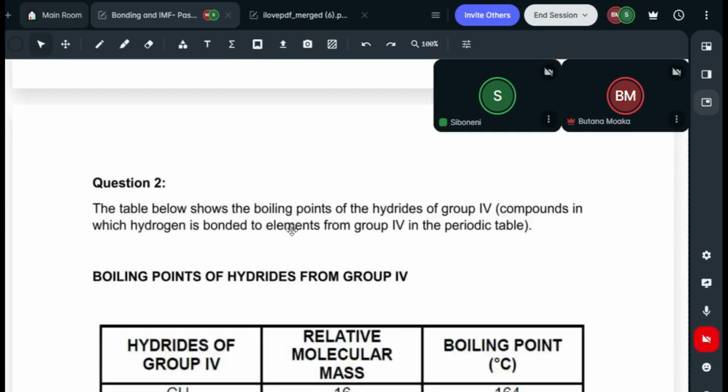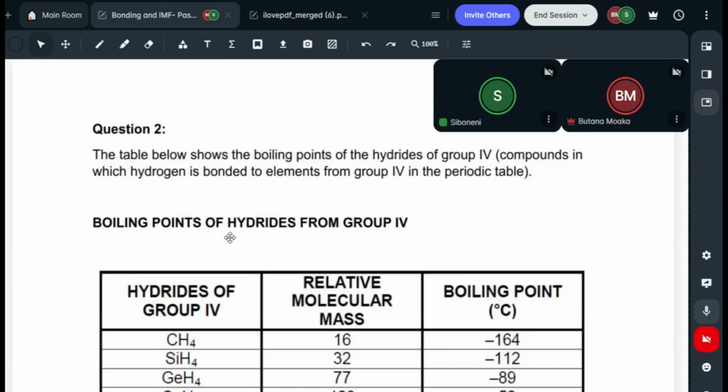Question two. The table below shows the boiling points of the hydrides of group 5, in which hydrogen is bonded to elements from group 5 in the periodic table.